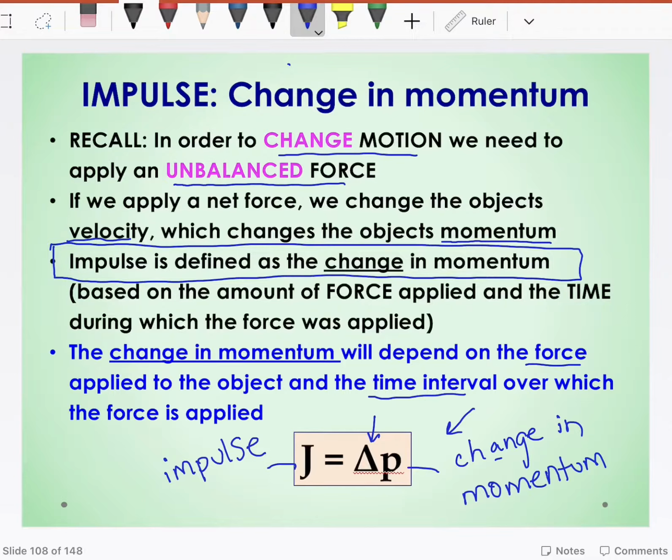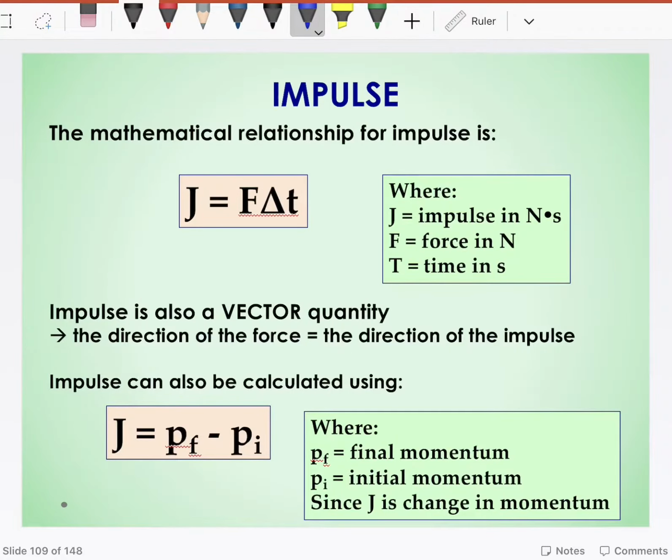In order to change the momentum of an object, we know we need to apply a force over a certain time period. So that mathematical relationship can also be shown using this formula, where impulse is equal to the force multiplied by the change in time: J = FΔt.